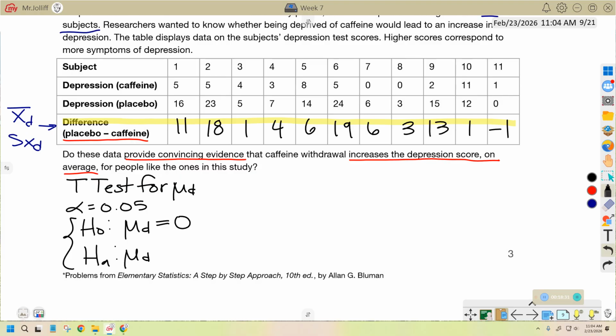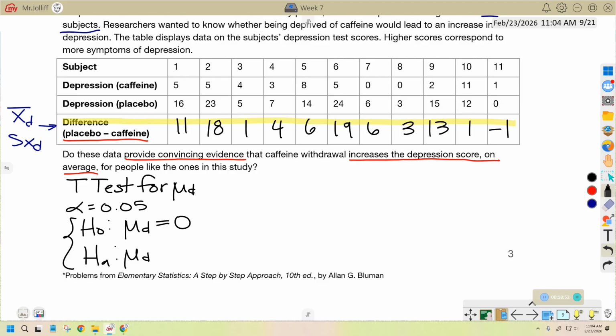Placebo is caffeine withdrawal, no caffeine. And we're saying caffeine withdrawal increases depression scores. So if I subtract placebo minus caffeine, I am subtracting presumably higher depression scores minus lower depression scores.